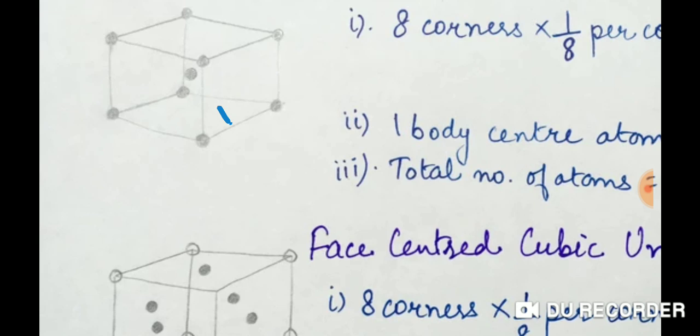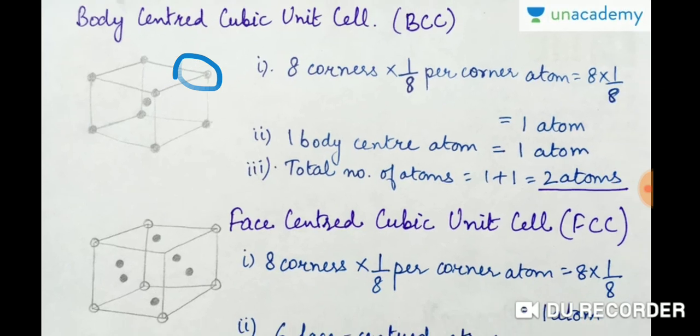Since it is present at the center of the cube, the whole volume of this atom would be included in the cube, and so we calculate the total number of atoms as 8 present at the corners, multiplied by 1 by 8 per corner atom, which gives us 1 atom, and the second one would be 1 atom present at the body center, and so the total number of atoms becomes 1 plus 1, which is equal to 2 atoms.